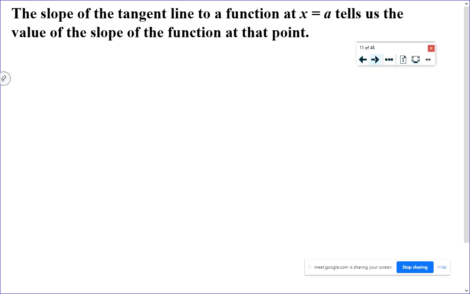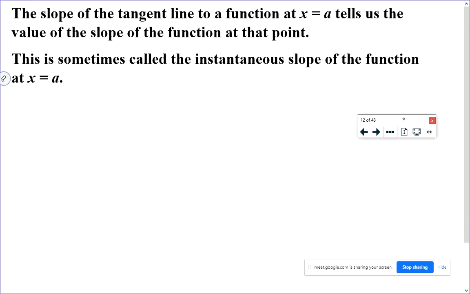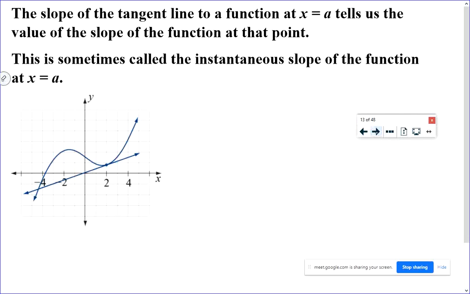I'm telling you, this is sometimes called the instantaneous slope, by the way, at a particular value of x that we call a. What I'm telling you is that if the slope of that straight line that you're looking at on your screen right now was 6/7, then the slope of the curve at that point is 6/7.